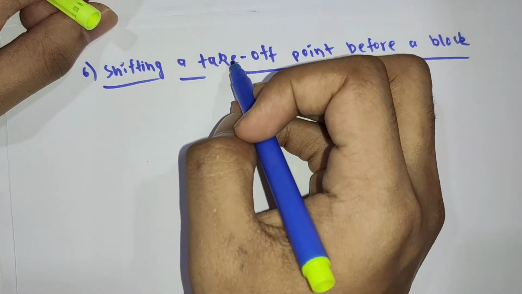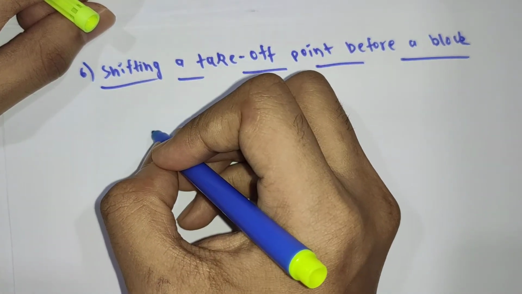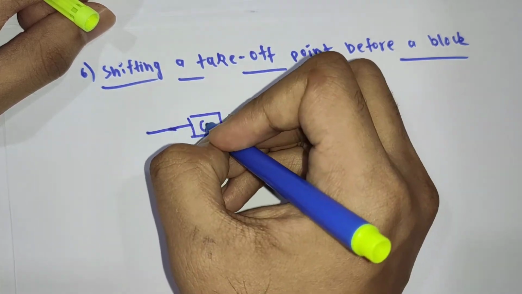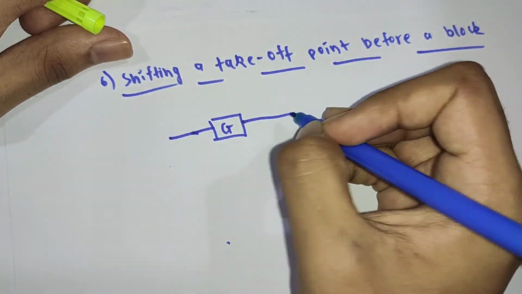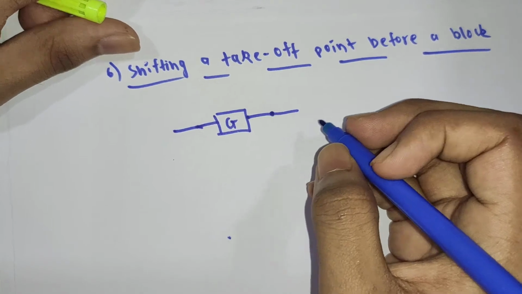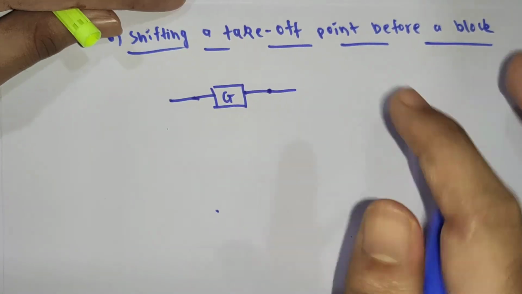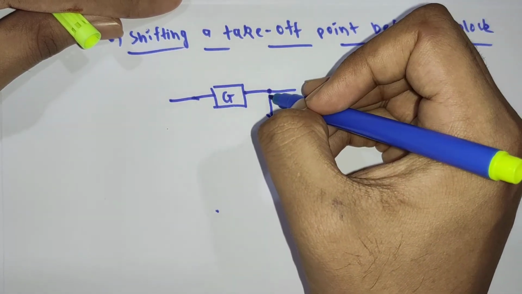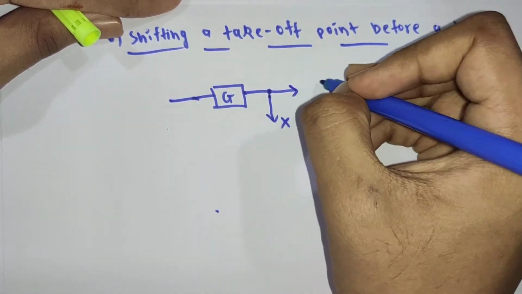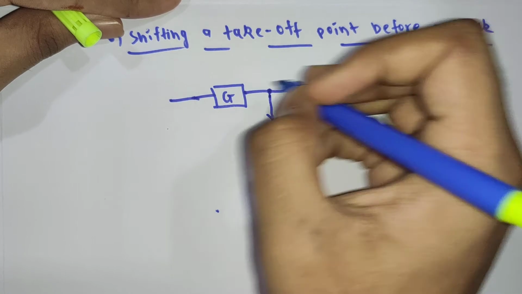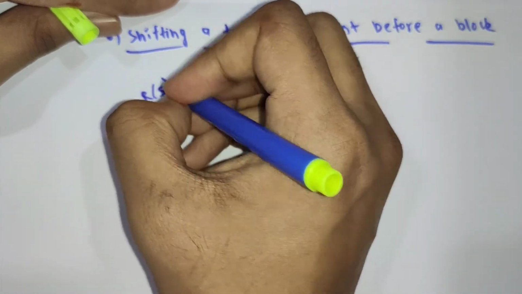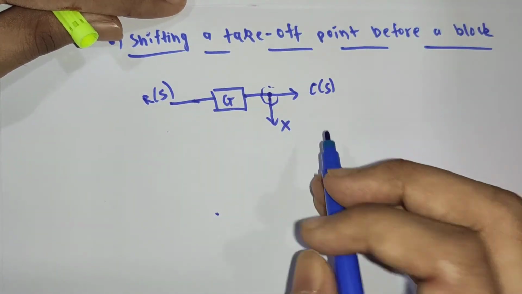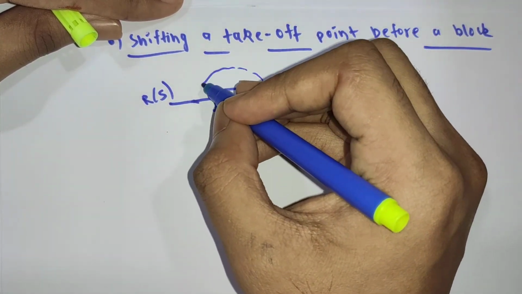So let's draw the block G, and this is the takeoff point from where the feedback loop will go back, C(S), R(S). Now I have to shift this takeoff point before the block.